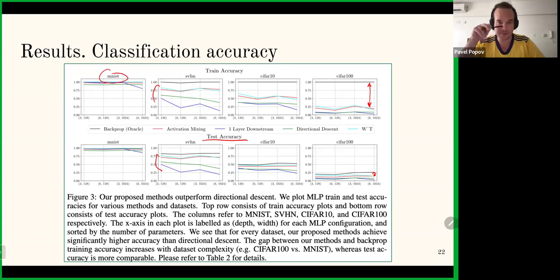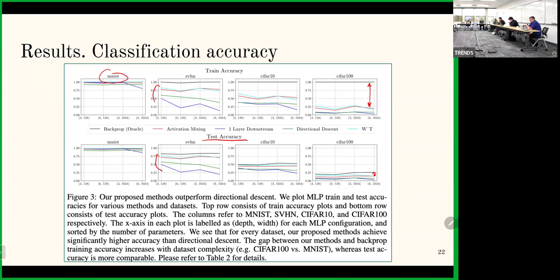I think the message of this figure was supposed to be that these methods can be used to train the models. They're not as good as backpropagation, but they still work. They're saying the gap between our methods and backprop is in training accuracy. Training accuracy increases, but it doesn't affect testing accuracy, which is interesting.